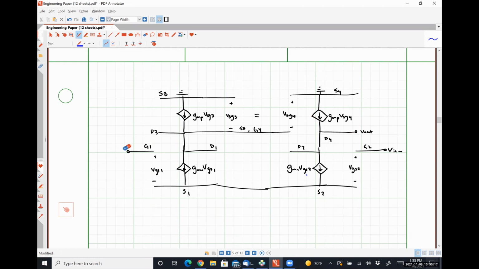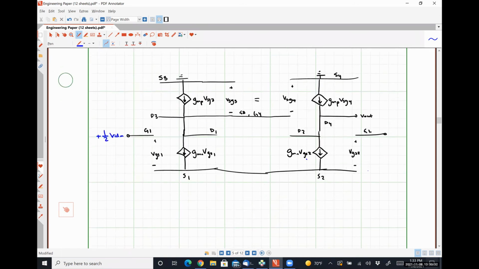So let's say that we apply positive 1/2 VIDM here and negative 1/2 VIDM here.